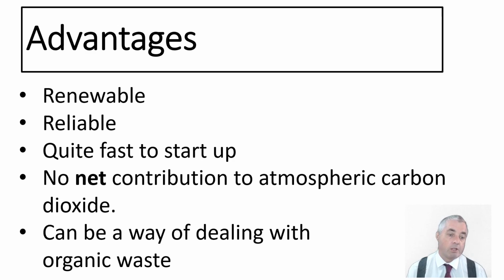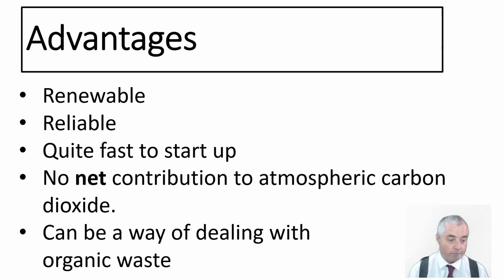And some methods of using biomass energy can be a way of dealing with organic waste from living things. So in my local authority area, they collect food waste from the kitchens. And what they do with that food waste is they take it to an anaerobic digester where it decomposes, so you're getting rid of the waste.